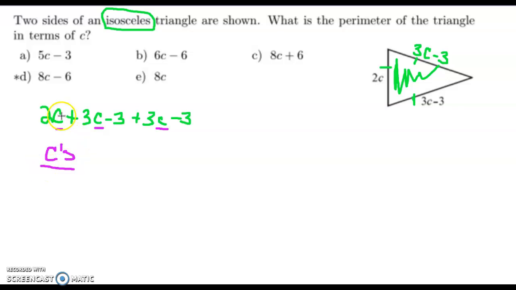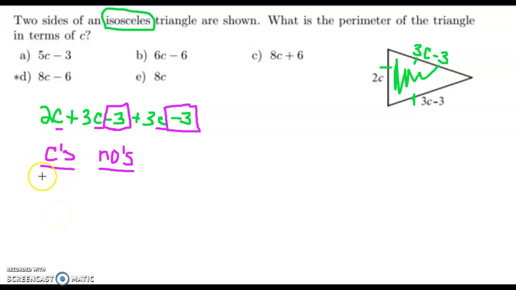Beyond the c's, I also have these numbers right here that do not have a variable attached to them. Try to remember, we call those numbers that don't have variables constants because they never change. Constant is too long of a word for me to write out, so I call my other column no's, and that just means no variable. There we go.